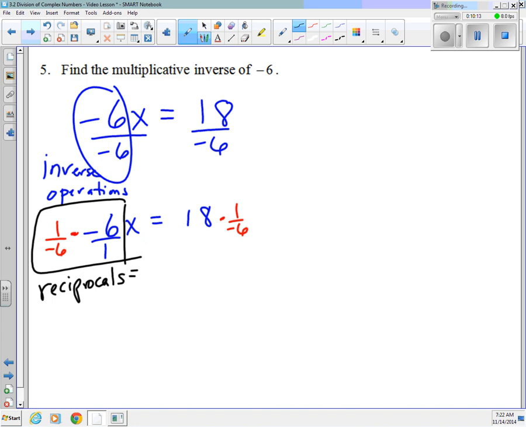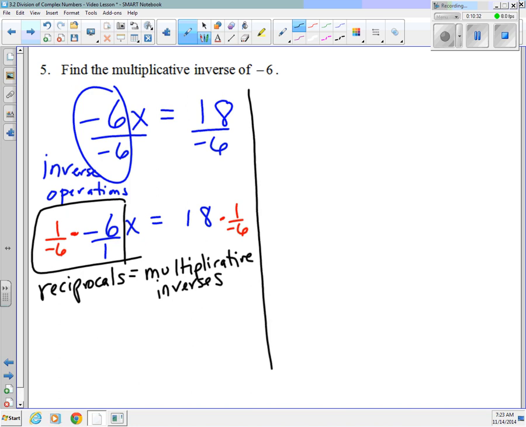When I interchange the numerator and denominator of a fraction, these are called reciprocals, which are also known as multiplicative inverses, because these two undo each other. Multiplication by negative 6 and multiplication by 1 divided by negative 6 undo each other. So the multiplicative inverse of negative 6 is 1 over negative 6, which we simplify to negative 1/6.